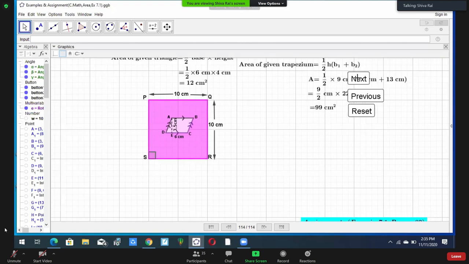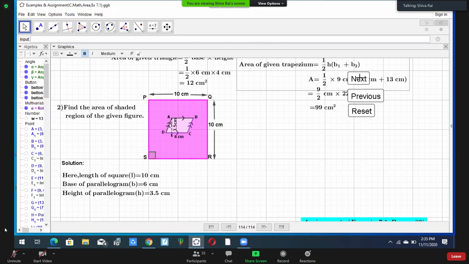Okay, find the area of shaded region of the given figure. So I think I have to do it quickly, we don't have more time. Here, length of the square. You look here, big figure is square. Why? You look, length and breadth 10 centimeter. Here, one of the angles is given, 90 degree. So it is clear it is a square, big figure.